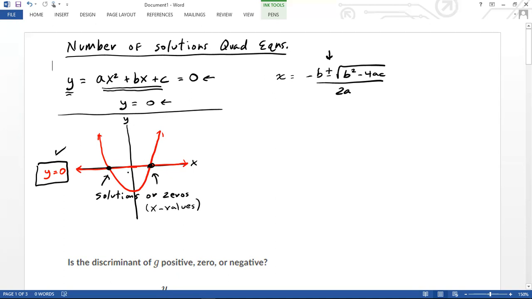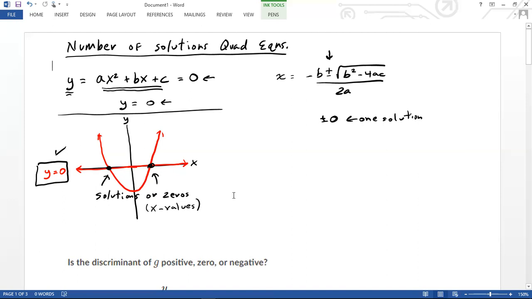So you would think there's always going to be two solutions, but that's not always the case. For example, if you get plus or minus 0, whether you add 0 or subtract 0 is the same thing. So in that case, you're only going to get one solution.